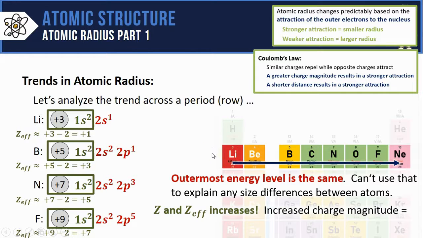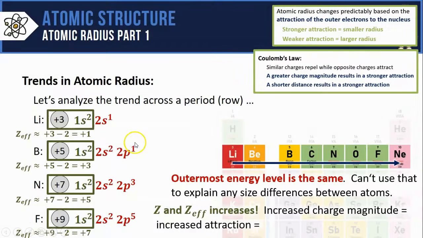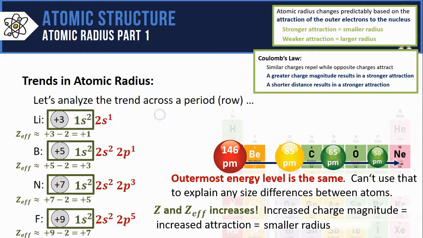This increased charge magnitude, going back to our statement from Coulomb's law, results in a stronger attraction between these outermost electrons in red and that nucleus. That stronger attraction results in the electrons being pulled closer to the nucleus and a smaller radius. We can see that effect in these actual measurements of the radii for the atoms in row 2.